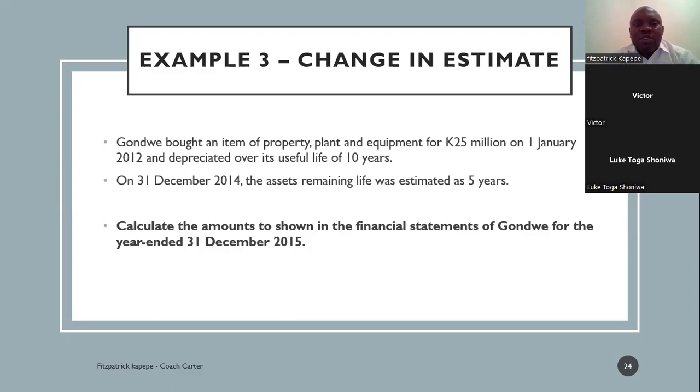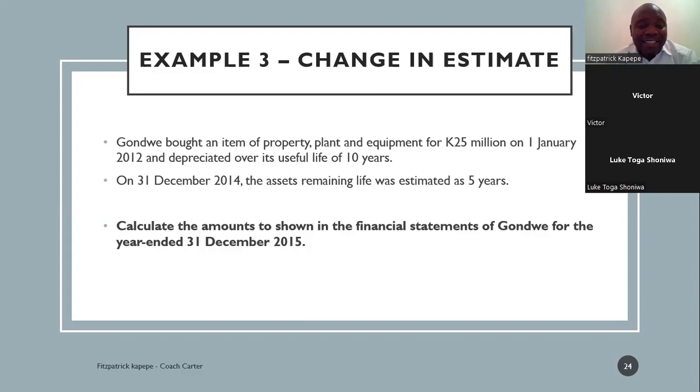So here we're saying Gondwe bought an item of property, plant, and equipment for 25 million on 1st January 2012. On 31st December 2014, the asset remaining life was estimated as 5 years. So there's a difference here. This was bought in 2012 on 1st January, so there were only about 3 years.